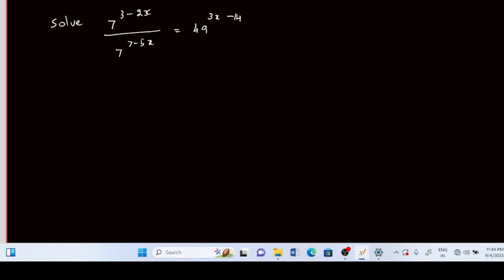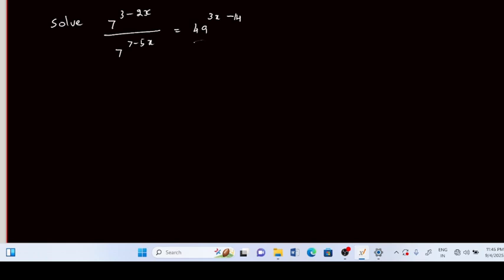Now solve this one: 7 power 3 minus 2x by 7 power 7 minus 5x equal to 49 power 3x minus 14. Here numerator and denominator have the same base. On the right hand side, 49 power 3x minus 14 is there.